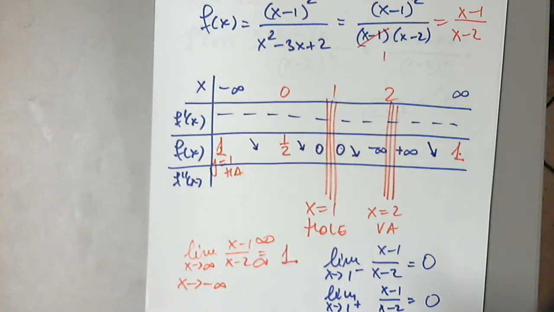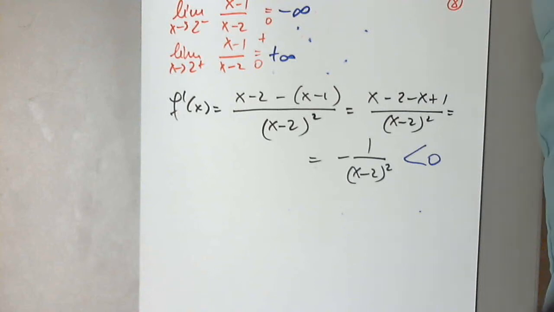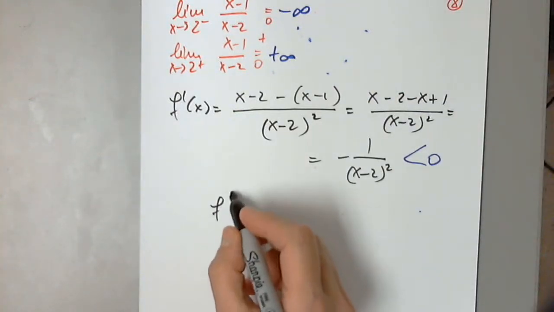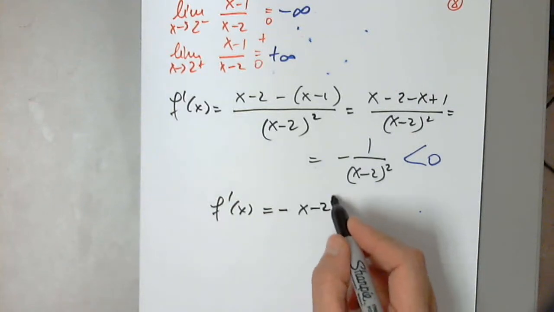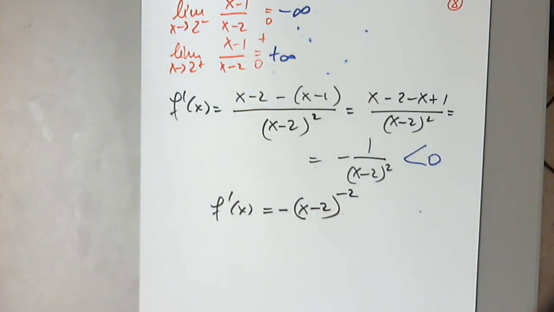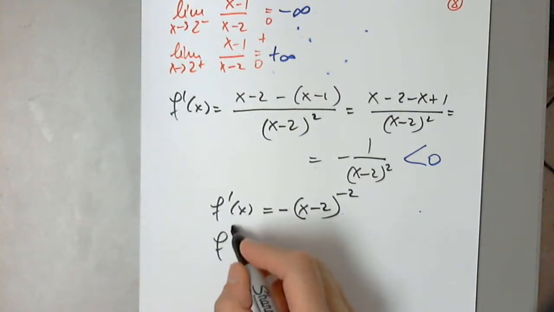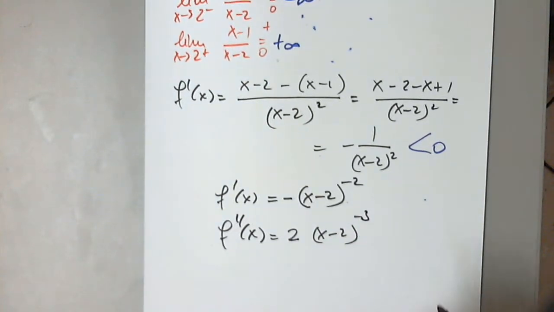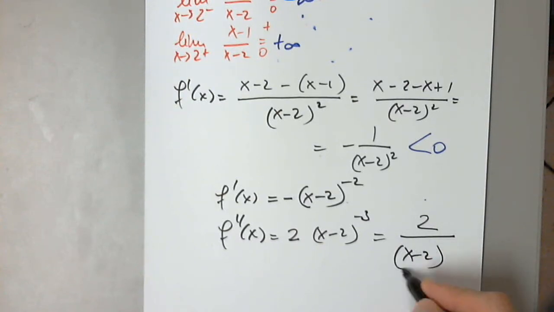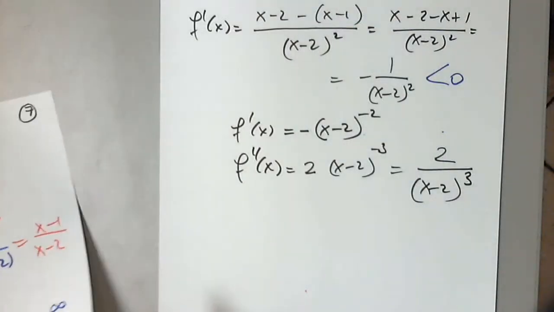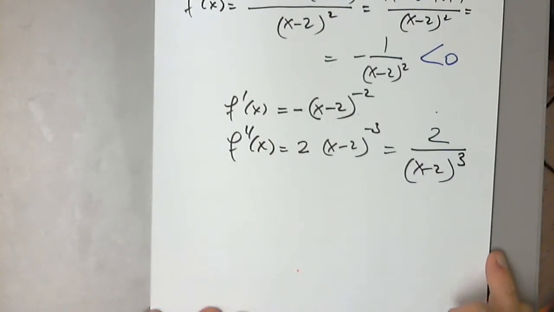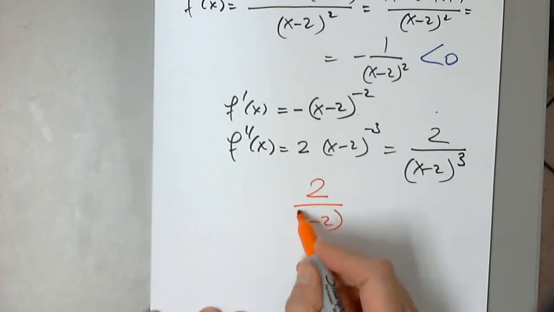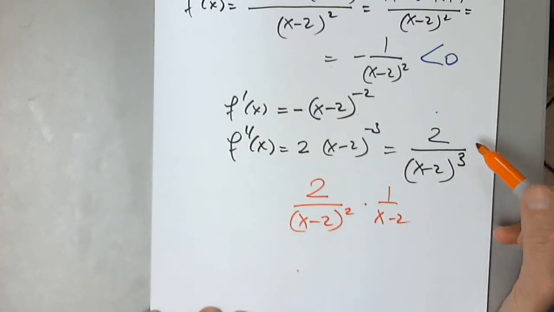And now we have to determine the second derivative. So here's the second derivative. Of course, I'm going to change this into negative (x minus 2) to the negative 2. Why? Because it's easier to differentiate. So then the second derivative will be 2 (x minus 2) to the negative 3 times the inner function prime. So it's 2 over (x minus 2) to the third. For the purpose of the sign, it's never 0. There are no inflection points. For the purpose of the sign, you should see this, not this.